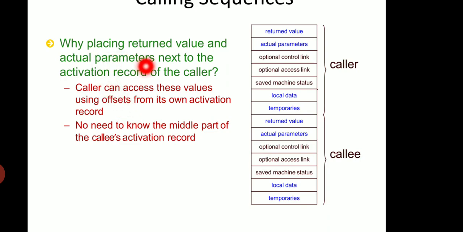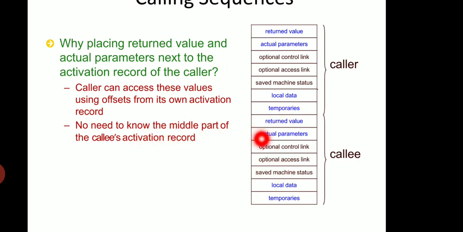Why are we positioning the return value and actual parameters fields just near the caller's activation record? The answer is that the caller can access these values using an offset from its own activation record. The caller has a pointer, and it can set an offset from that pointer so that it can access the return value, that is, the value returned by this procedure.